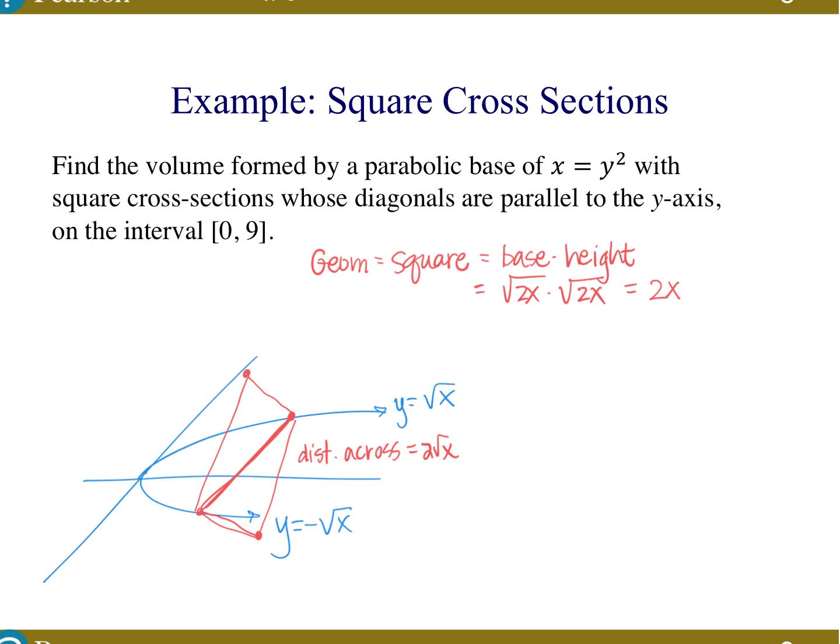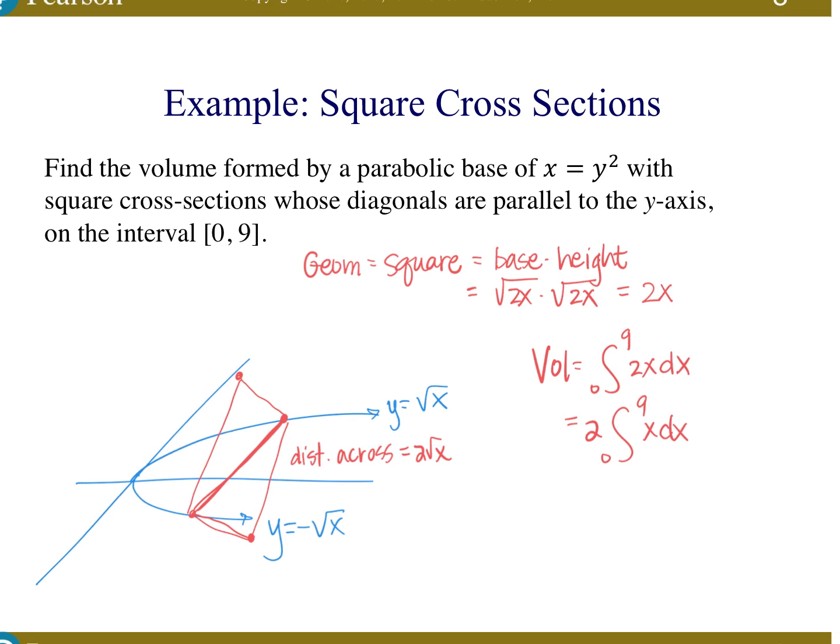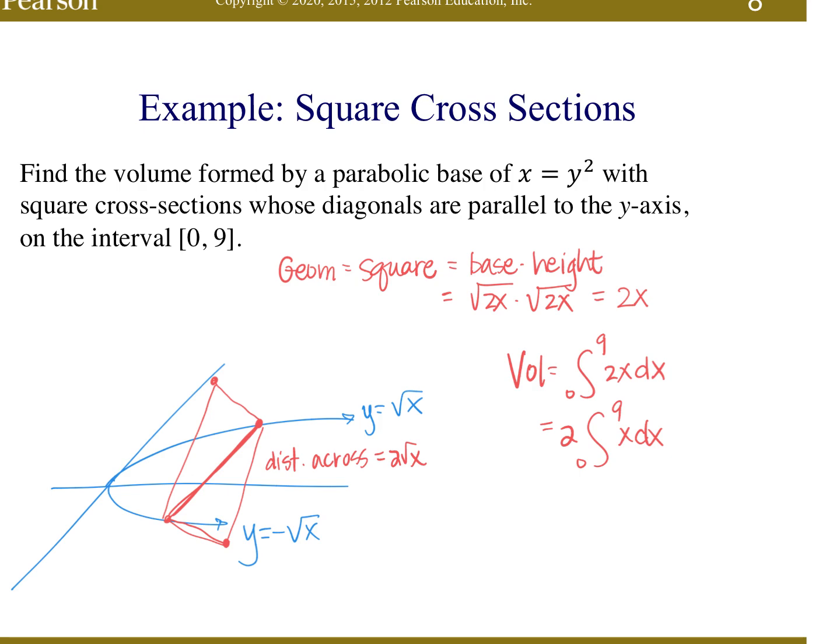So that's the geometry. And then we turn that into a volume by going 0 to 9, 2x dx, or pull the 2 out. Why would you pull a 2 out if you already know that the integral of 2x is x squared? You don't have to pull the 2 out. You can. Sometimes it's beneficial, sometimes it's not.